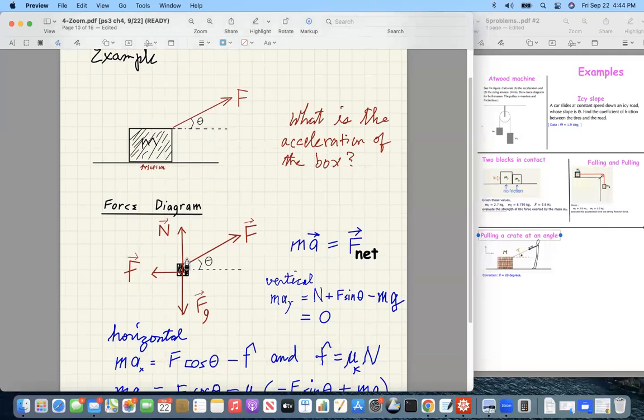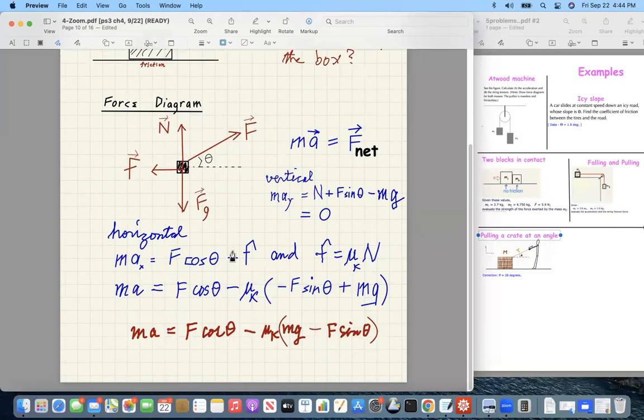It'll have that force, the tension force from whoever's pulling it, a normal force, a gravitational force, and a frictional force tangent to the surface, being the floor.